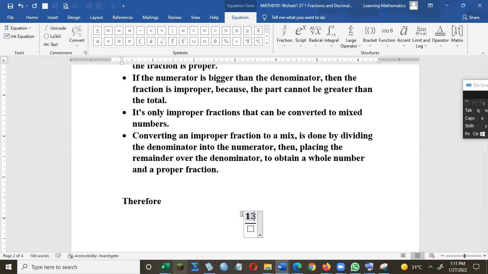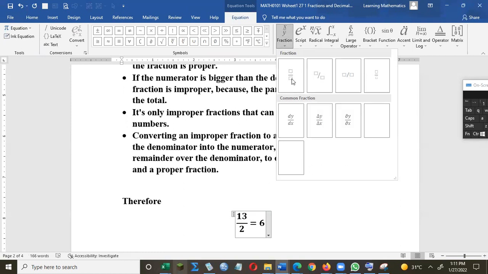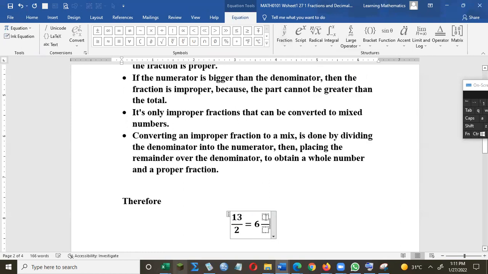We see 2 into 13. 2 into 13 is 6 times. And we know 6 2s are 12, right? So therefore, if 6 2s are 12, the remainder is 1 over the denominator 2. So 13/2 is 6 1/2. Improper to mixed.